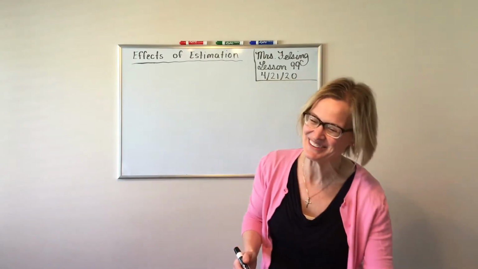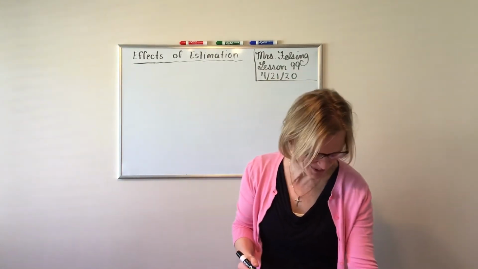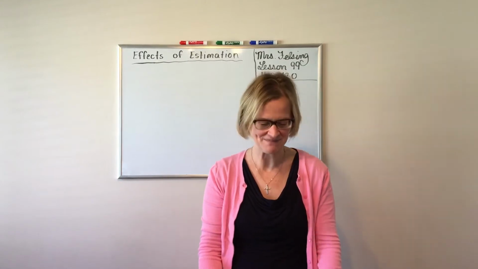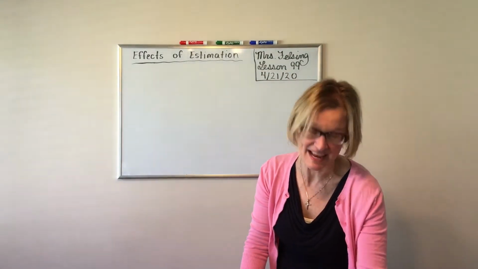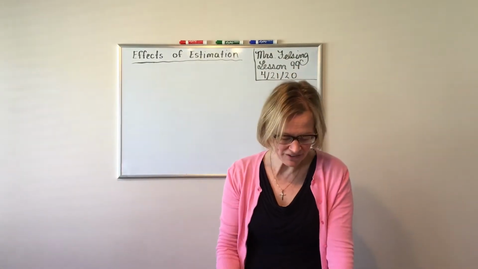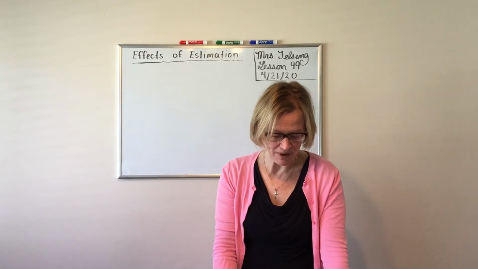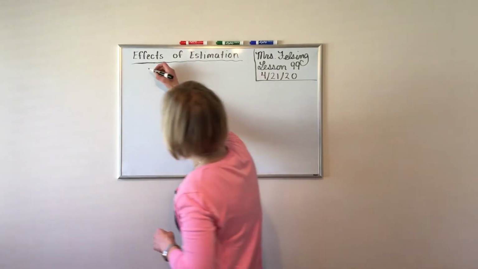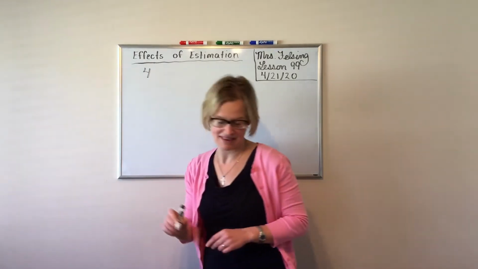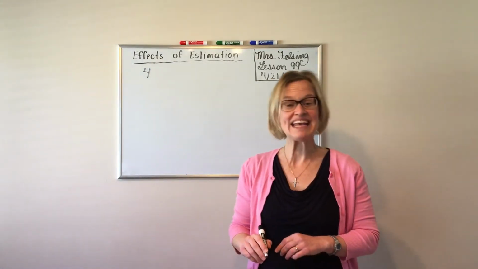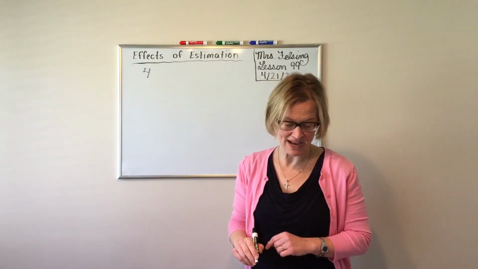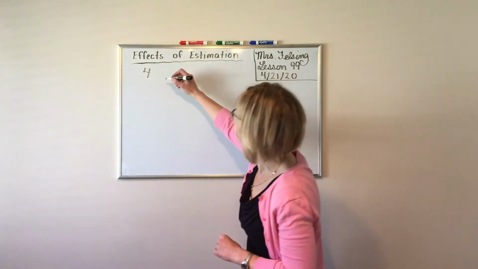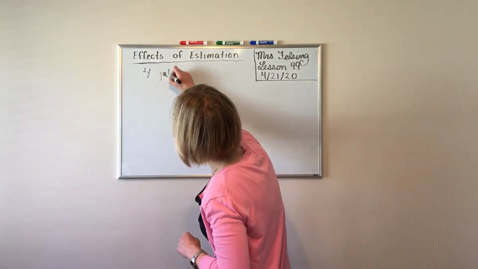So what I'd like you to do is open up your book to page 531, and let's take a look at the first example. It talks about how Deb bought 4 gallons of milk for $2.89 per gallon. To estimate the total cost, she had 4 gallons, right?